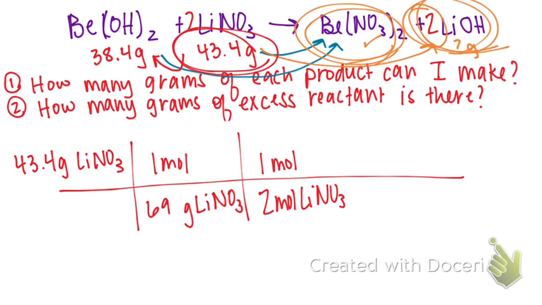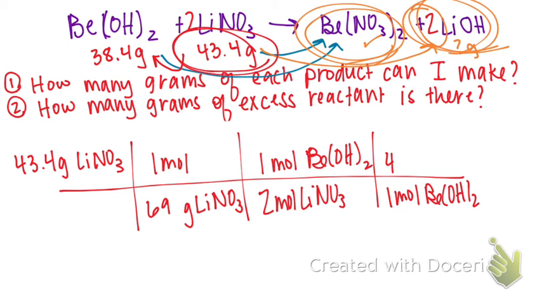Okay, here we go. This one should be beryllium hydroxide. Molar mass here, 34. 34 plus 9 is what? 43, thank you. 43 grams.